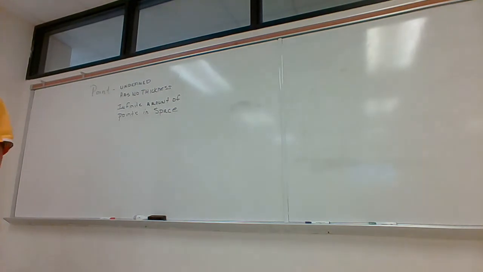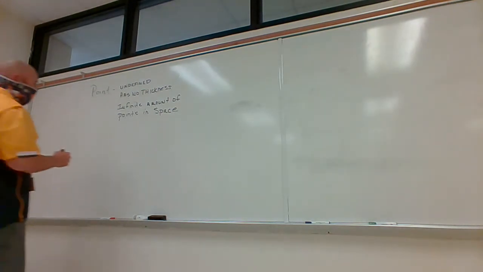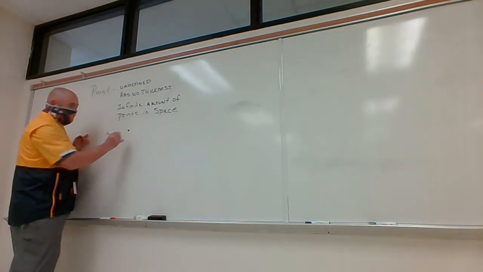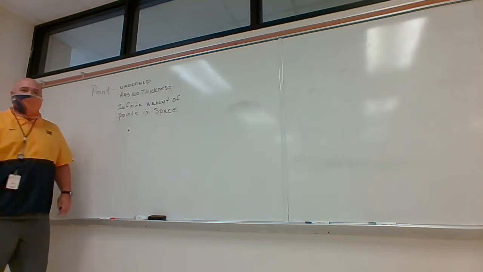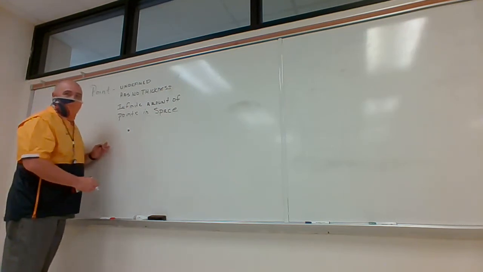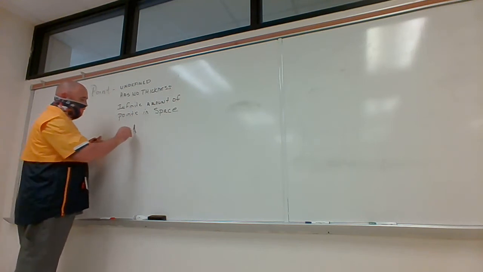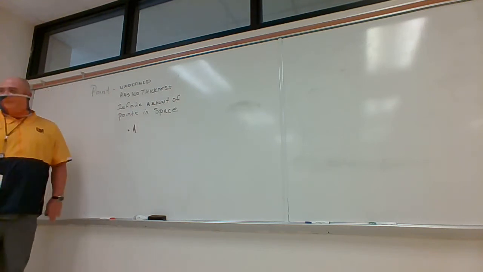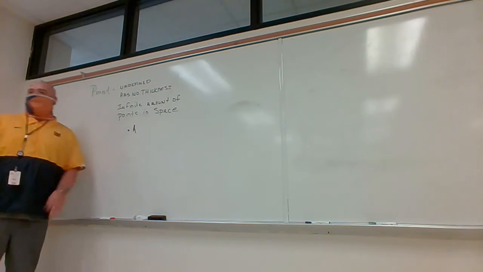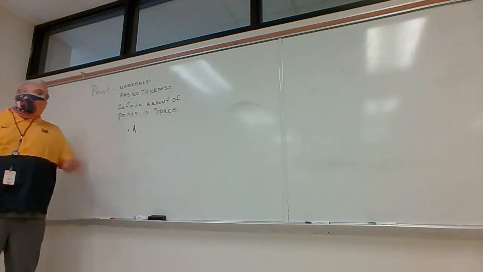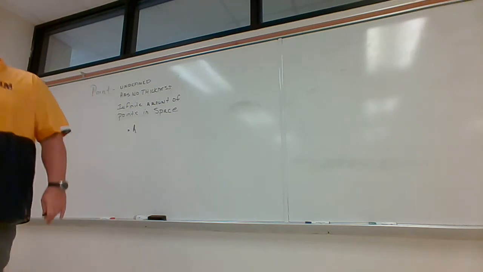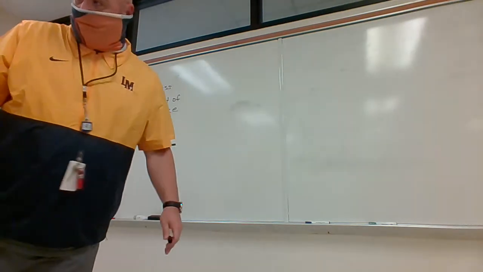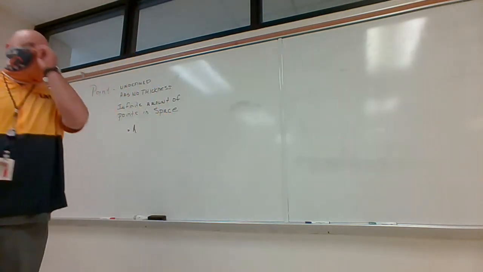And in geometry, we take a point. There's a point right there, it's in space, and we label that point with a capital letter. So this could be point A, or point B, or point C, or point D, E, F, and so on through Z. Any letter in the alphabet.